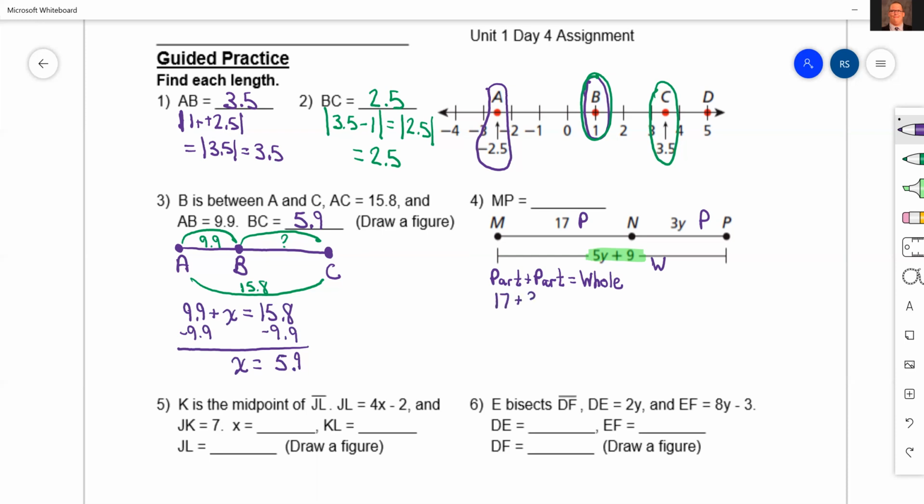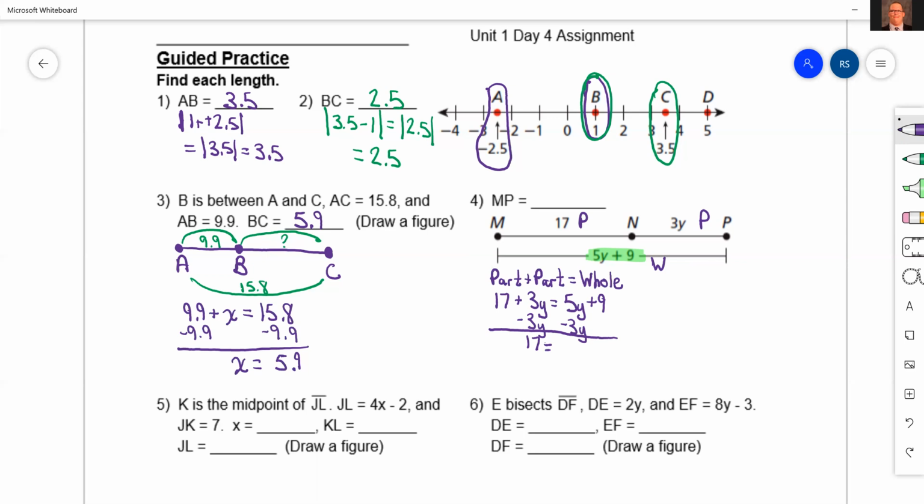17 plus 3y equals 5y plus 9. Okay, we've got to subtract our 3y. Well, I say we don't have to. You can solve it a different way, as we've talked about before. You can move the 5y over.